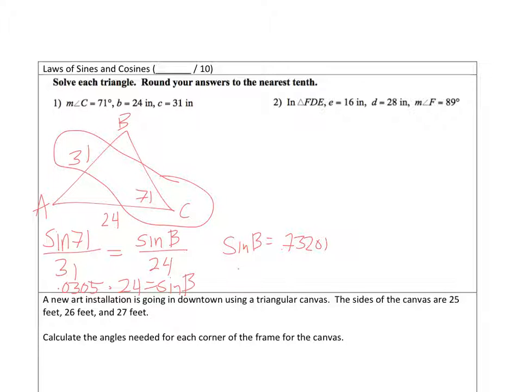Inverse sine that, we get B is equal to 47.055 degrees.